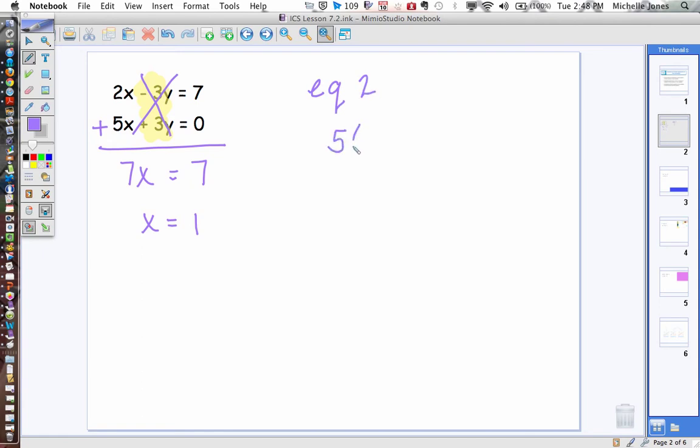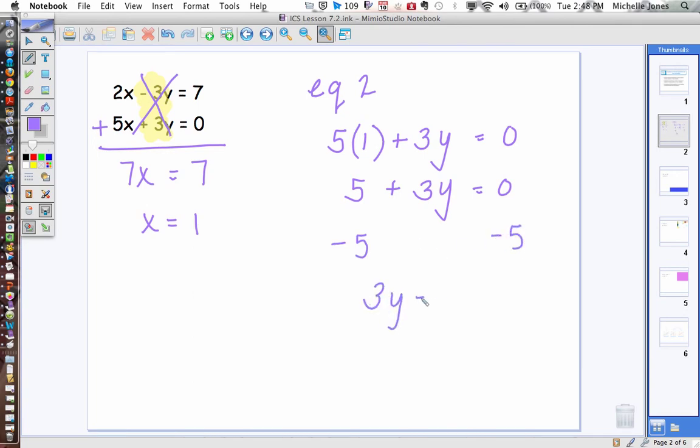So we have 5, x we just saw was 1, plus 3y equals 0. So here you have 5 plus 3y equals 0. If you subtract 5 from both sides, you'll get 3y equals negative 5, so y equals negative 5/3.